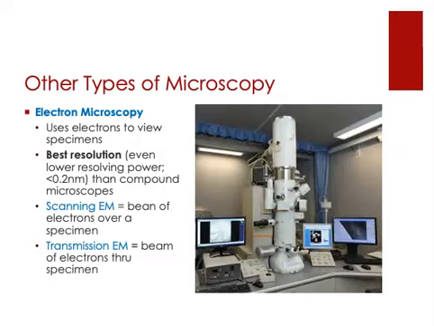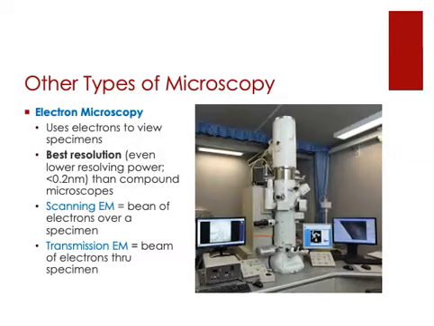Electron microscopes, as I said, are very expensive. If you compare the costs of microscopes, a modern, high-end compound light microscope is going to cost you thousands of dollars, but less than $10,000.